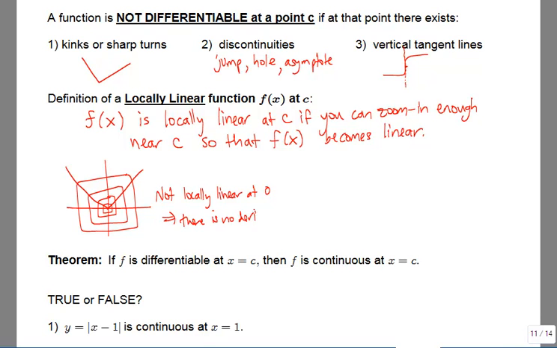If you're not locally linear at a specific point, then you're not going to have a derivative there. If you are locally linear at a point c, then you will have a derivative there. Okay? So let me just show you a quick little video here to demonstrate that.